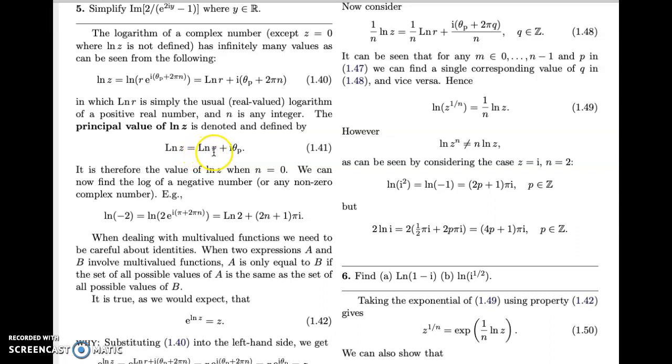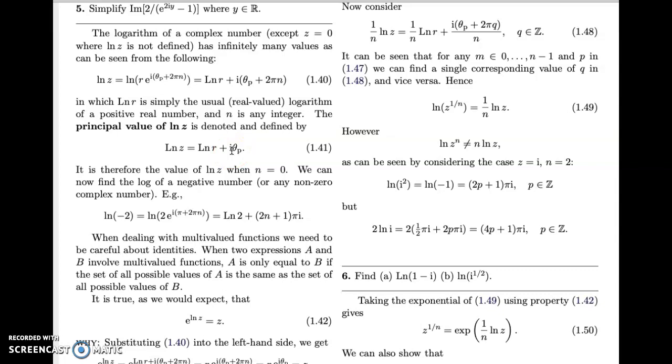It's simply the ordinary log of r plus i times the principal value. So it's therefore the value of log z when you set n equals 0 in this formula.